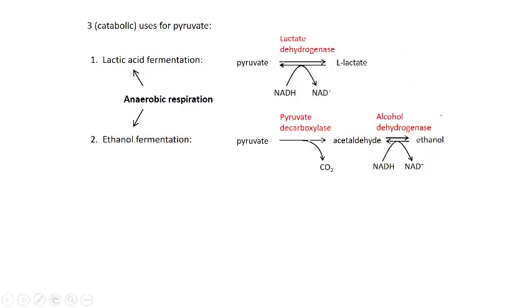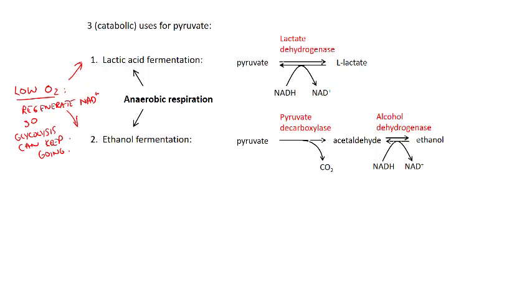Okay, so our problem here is that if we are in a low oxygen situation, our mission is we have to regenerate NAD plus, so glycolysis can keep going and giving us ATP.